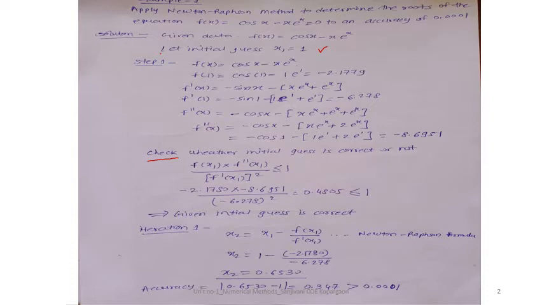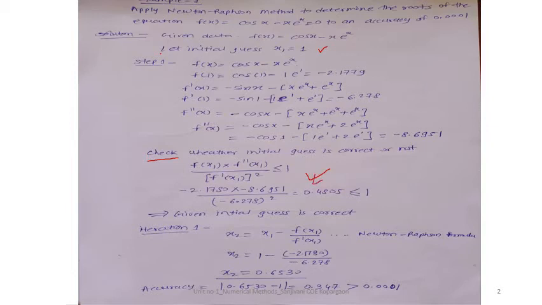Only then can we say that the given initial guess is correct. So we need to find the function value, then the double derivative value, then the first derivative value, and then check whether this condition gets satisfied or not.